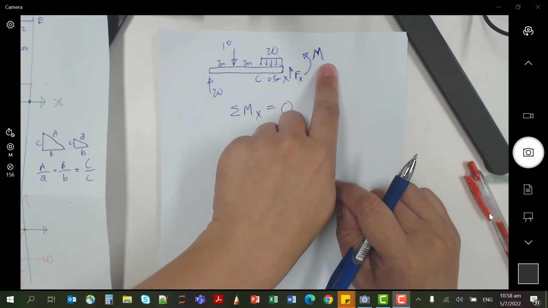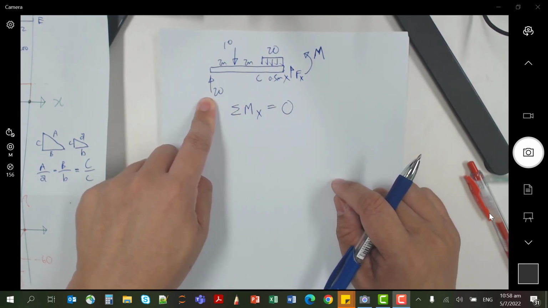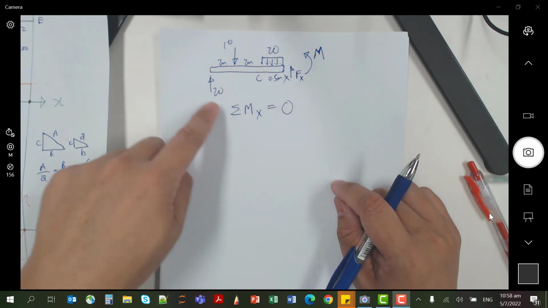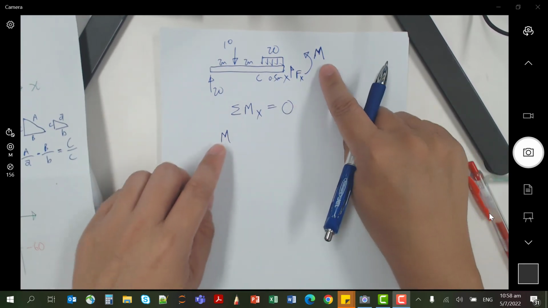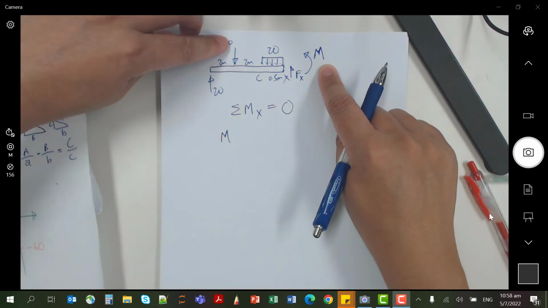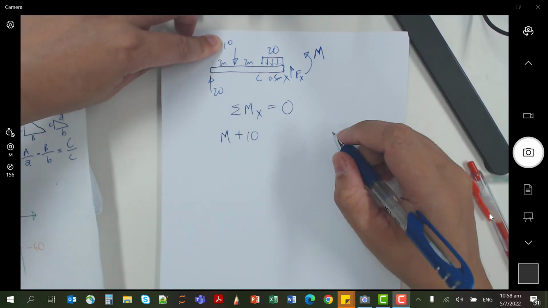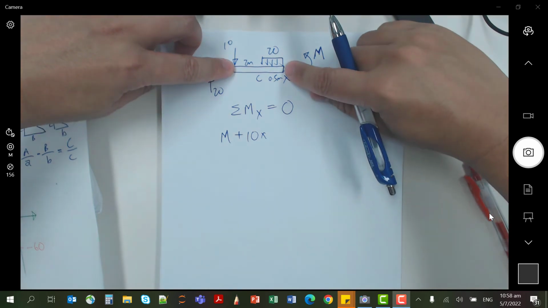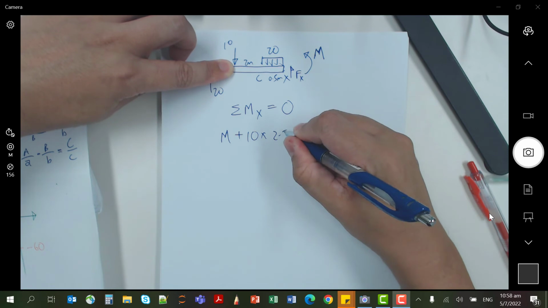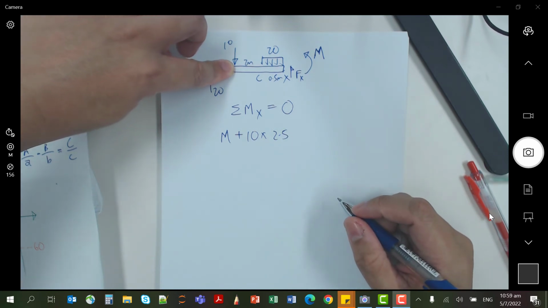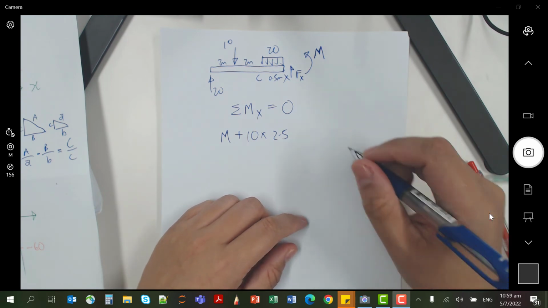So we're going to have positive, positive, positive, and this is the only negative moment, because it's going clockwise about x. First one is M, which is positive. Let's look at the 10 kilonewton: plus 10 times what is the moment arm? 2.5. Times 2.5.